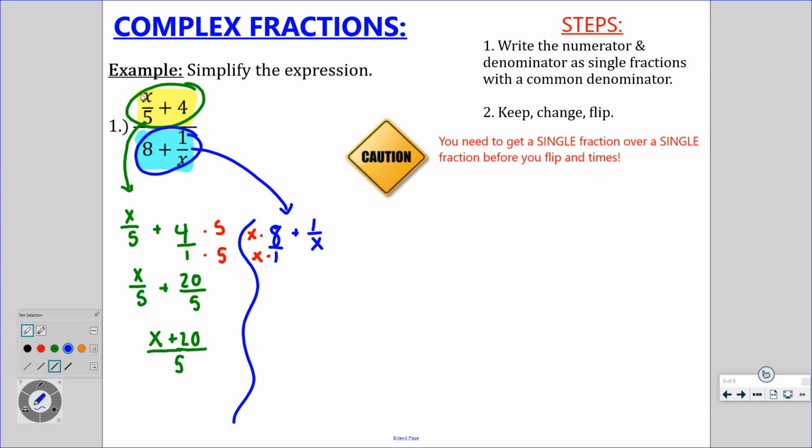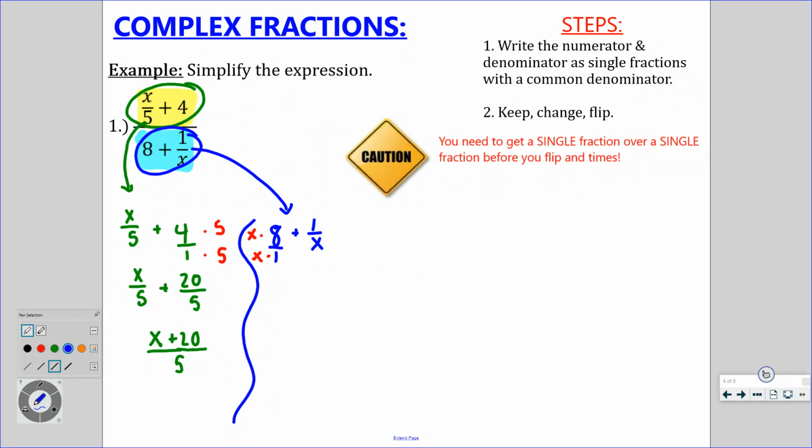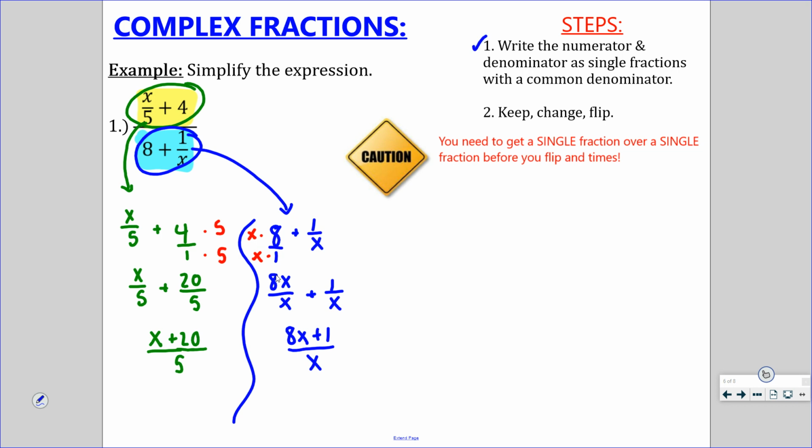And if you did your Alex homework, you should be pretty good now at making your common denominators, adding and subtracting. So this is going to be 8x over x plus 1 over x. Now we have common denominators. We're ready to add: 8x plus 1 over x. Okay, there's step 1. Write the numerator and denominator as a single fraction, making common denominators.